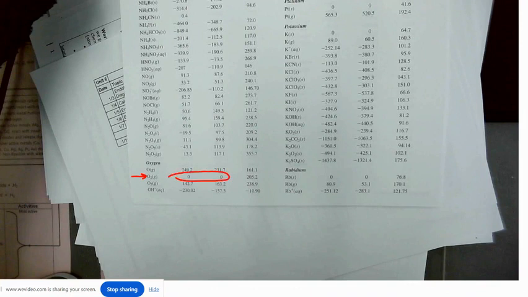That's going to be zero. Why is the O gas? Because this naturally occurs as O2. This is a diatomic molecule. In order to get this, you're going to have to put in some energy because you're going to have to essentially break that bond between those two oxygens.